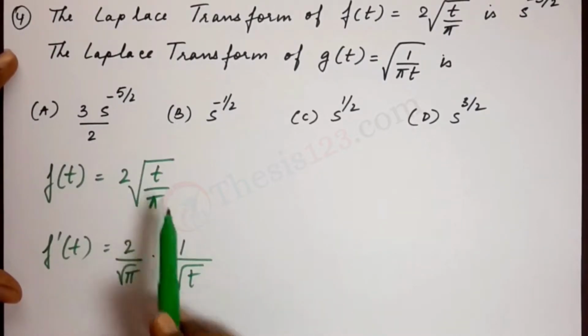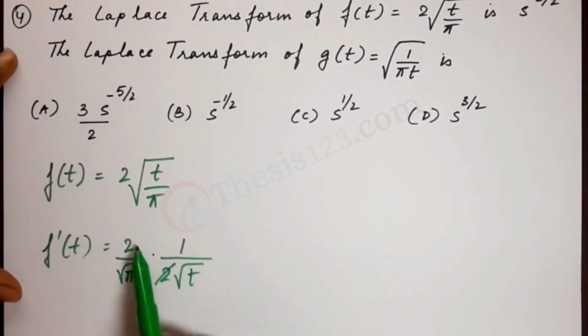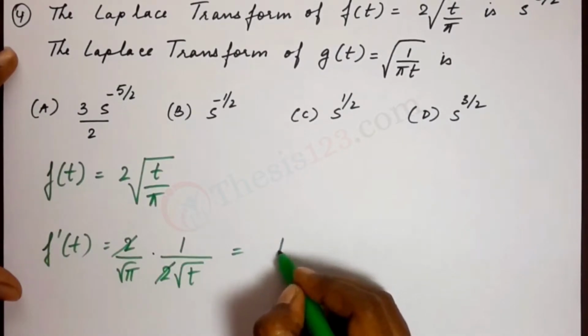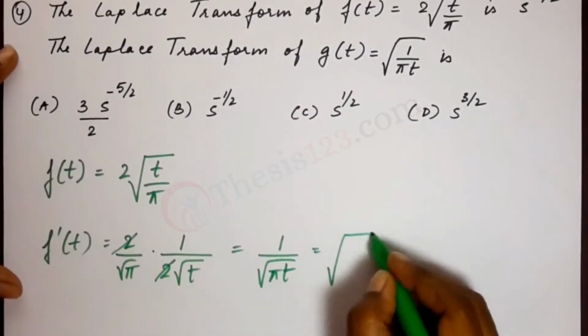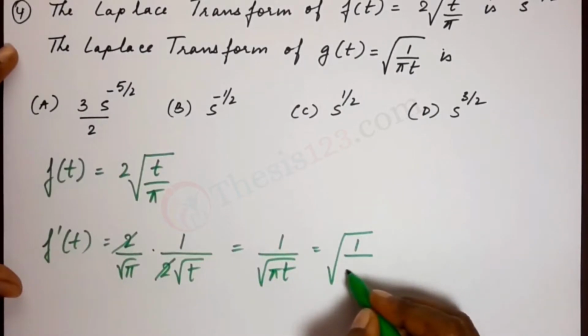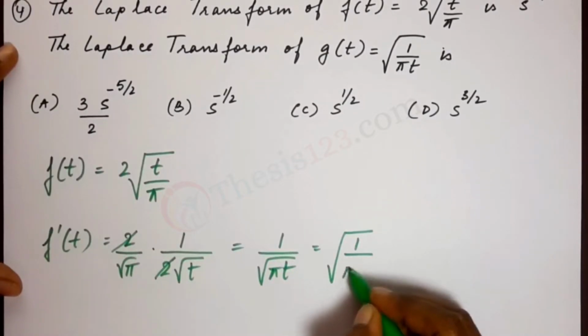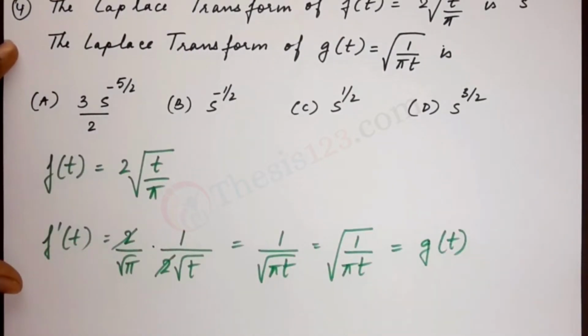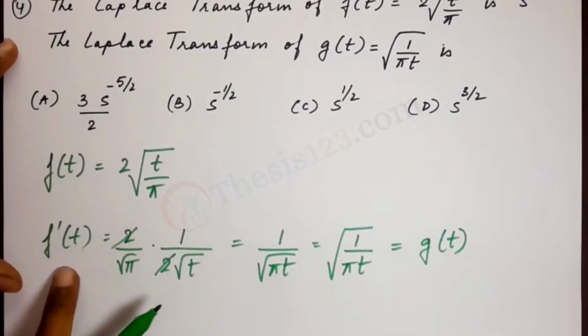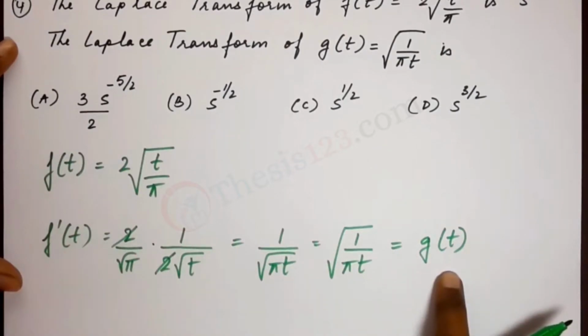The derivative of root t is 1 by 2 root t. This gives us 1 divided by root pi t. Or in other words, it can also be written as root of 1 by pi t. And notice that this is g of t, which means f dash t equals g of t.